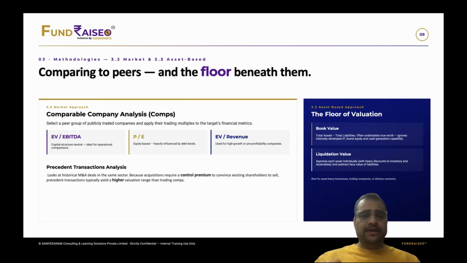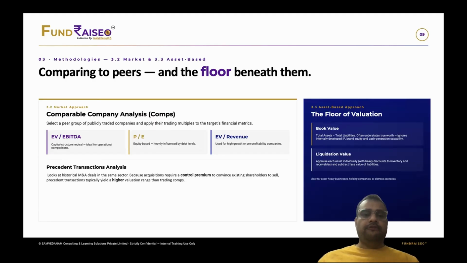Now, what is a precedent transaction analysis? There are also mergers and acquisitions which are happening. In case of mergers and acquisitions, what happens? The buyers who are actually willing to buy always buy at a certain control premium, because there is a certain payback period in which these investors expect that the amount of investment which they are making on buying the equity or the company or the asset will give them a return in a certain period of time.